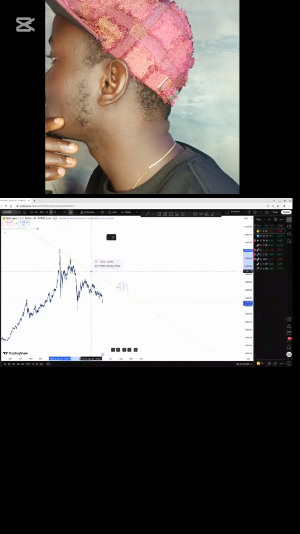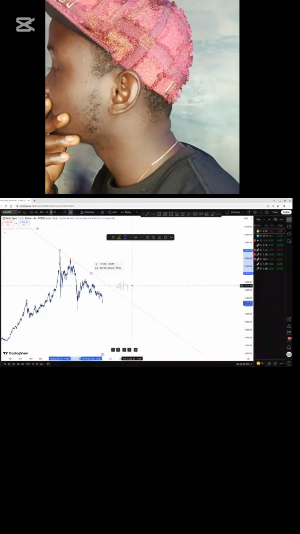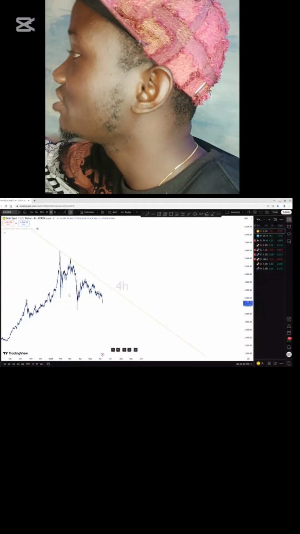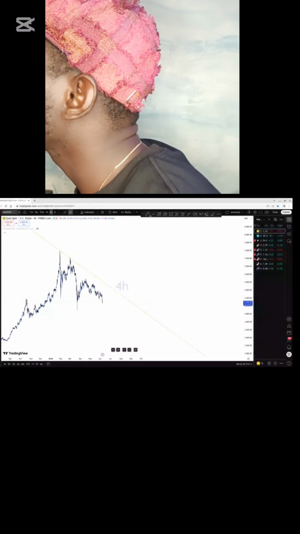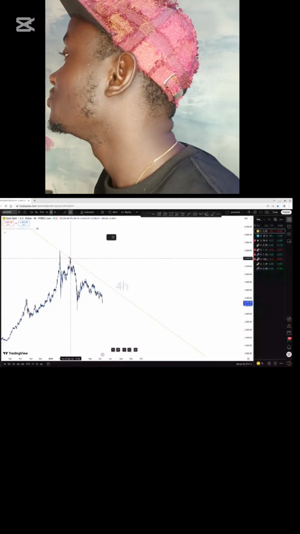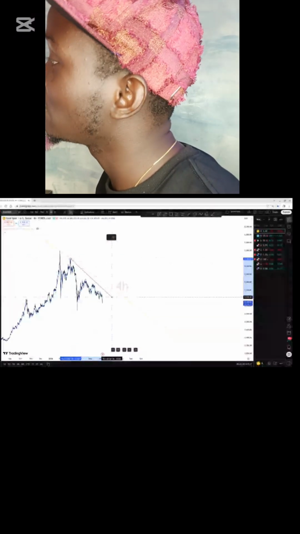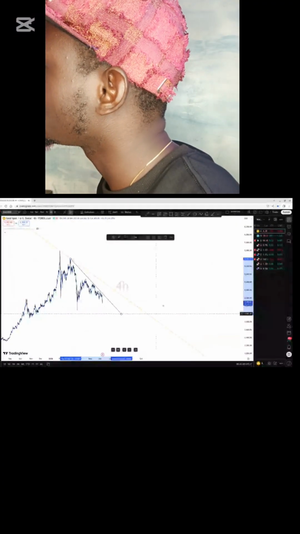In my 4 hours time frame, I will do my best to take at least 2 or 3 points connecting, just like what you are seeing right now. Then the next one I will pick at this point. This will serve as our counter trend line in our 4 hours time frame.